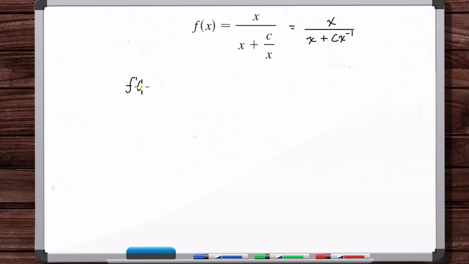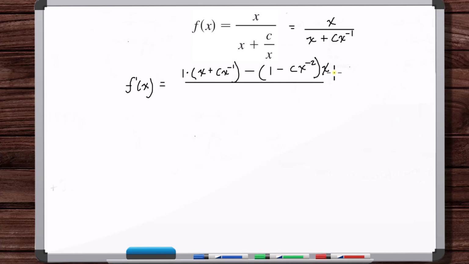So f prime of x, the derivative of the top times the bottom minus the derivative of the bottom, so 1 minus c, because c times minus 1, x to the minus 2 times the top, all over x plus cx to the minus 1 squared.